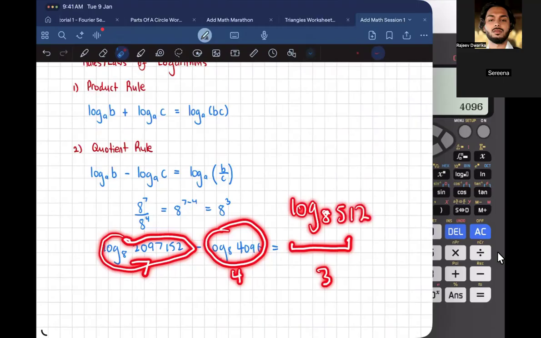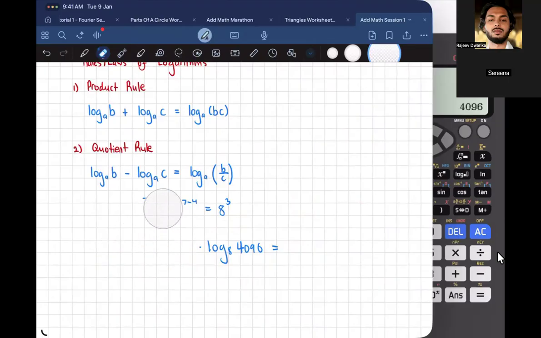Right. So does it make sense? If you put log base 8 of 512 in the calculator, are you getting 3? Yes, sir. So it makes sense. If you are minusing powers, you have to divide. So I hope everything is clicking and nothing is confusing.